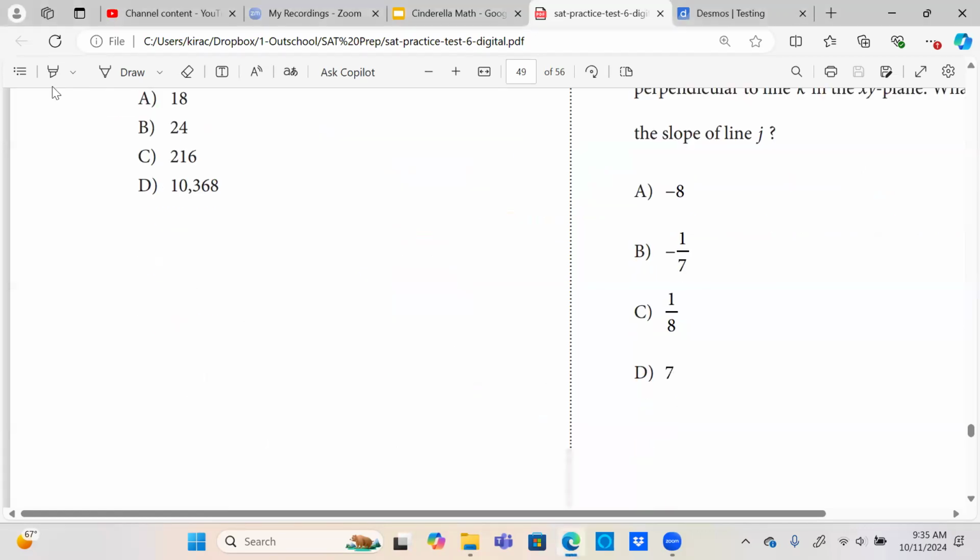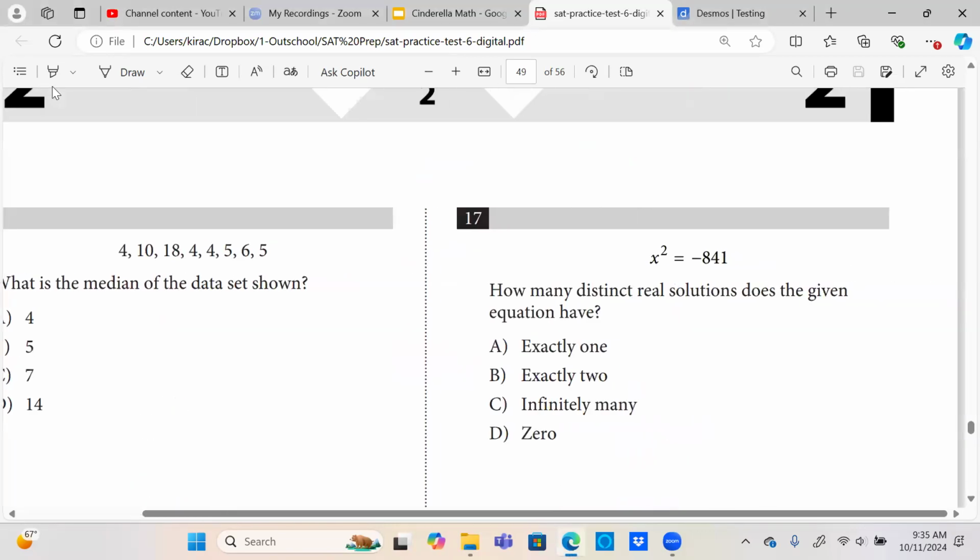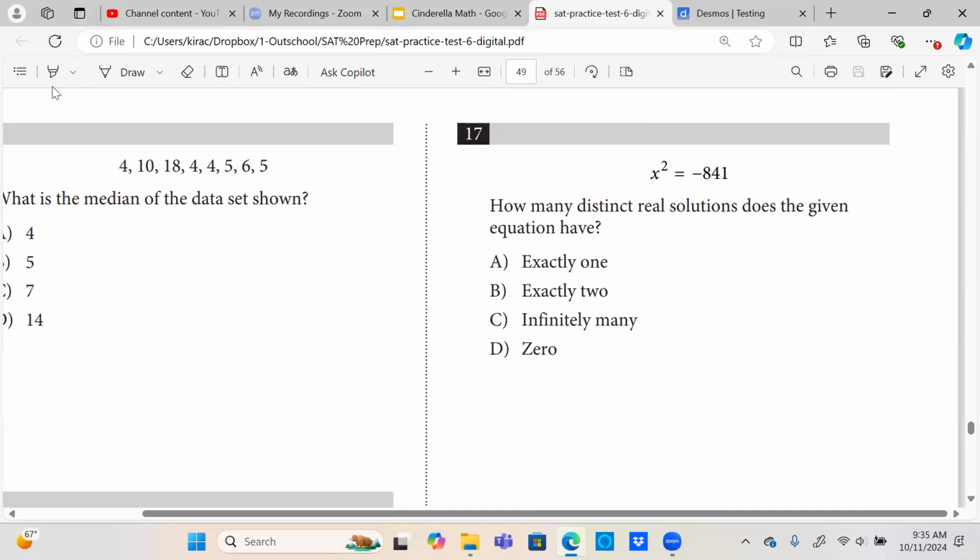Okay. 17. How many distinct real solutions does the equation have? So real, right? That means not imaginary. If you were to solve this, you would take the square root and you would take the square root.